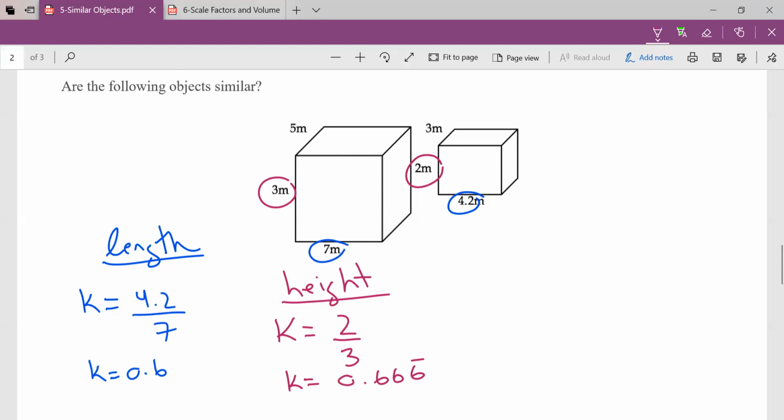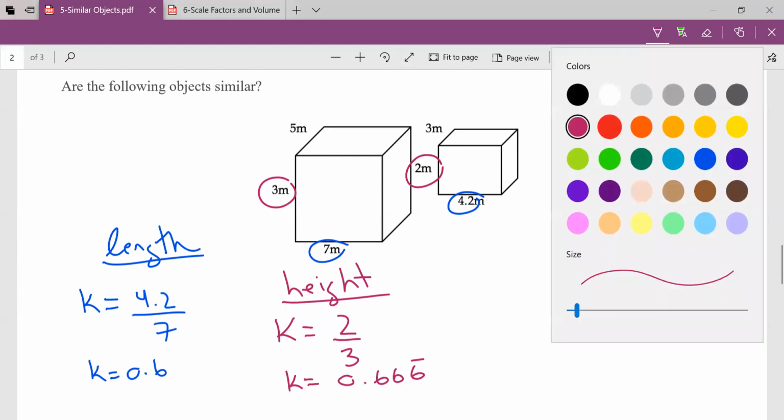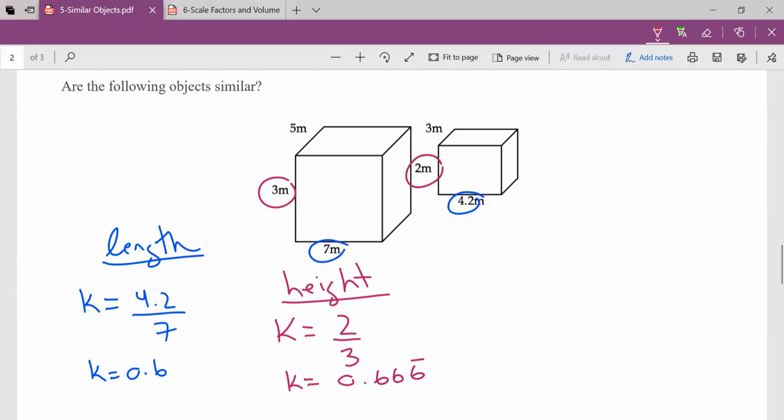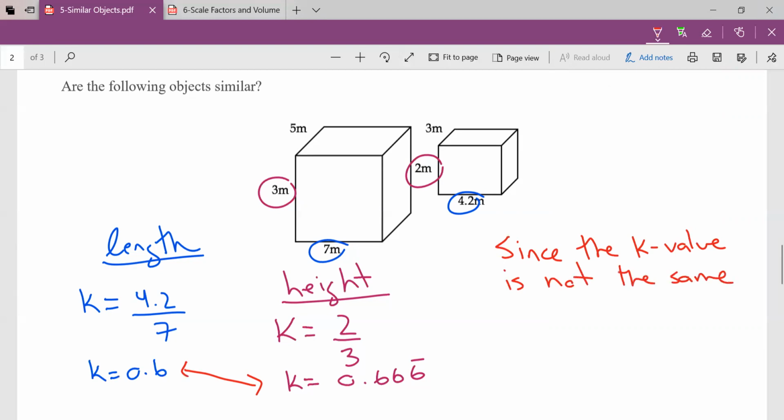Well, friends, I can stop right there. As soon as I see that these two scale factors are not the same, since the k value or the scale factor is not the same for all dimensions, we are immediately not similar.